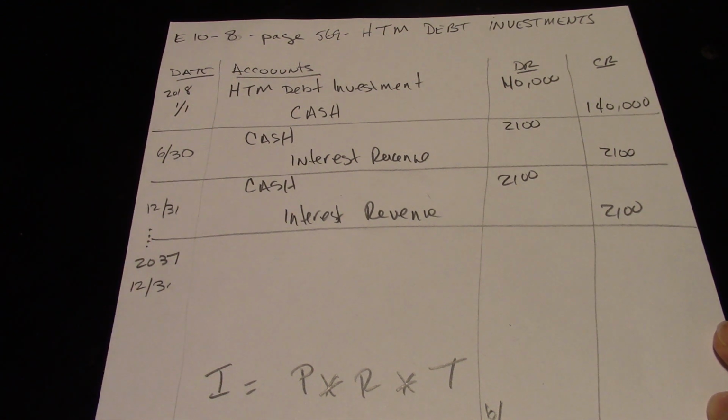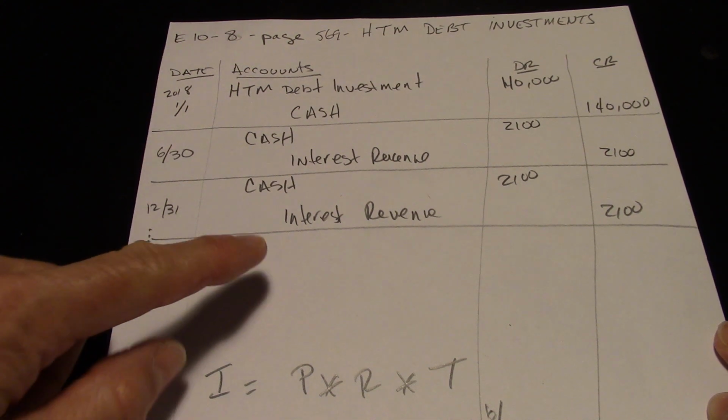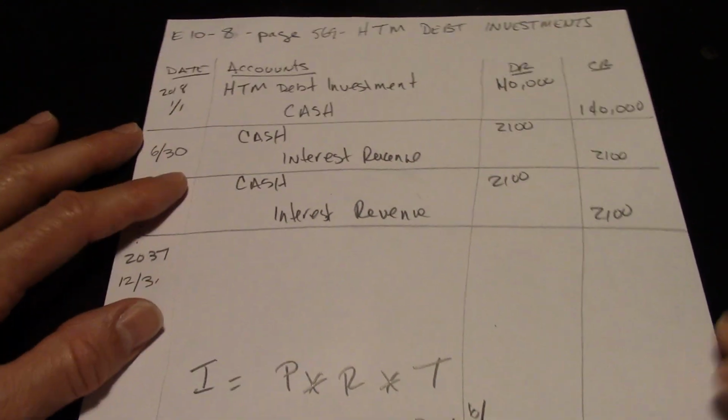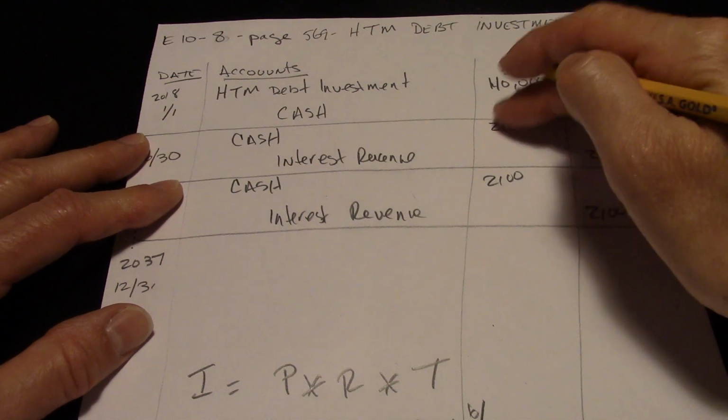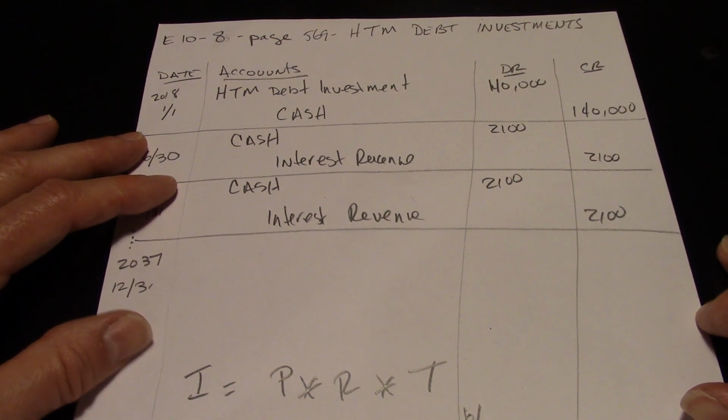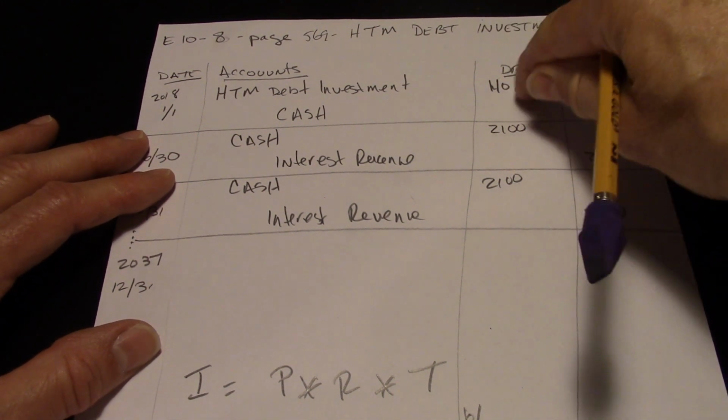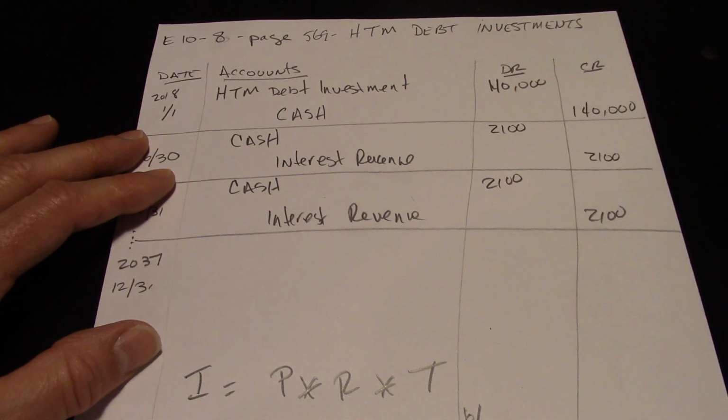Now it's matured, and the transaction becomes disposition of the bond. The people we loaned that $140,000 to now repay us the $140,000, because remember, the whole point of this was a loan, and the other payments were the interest.